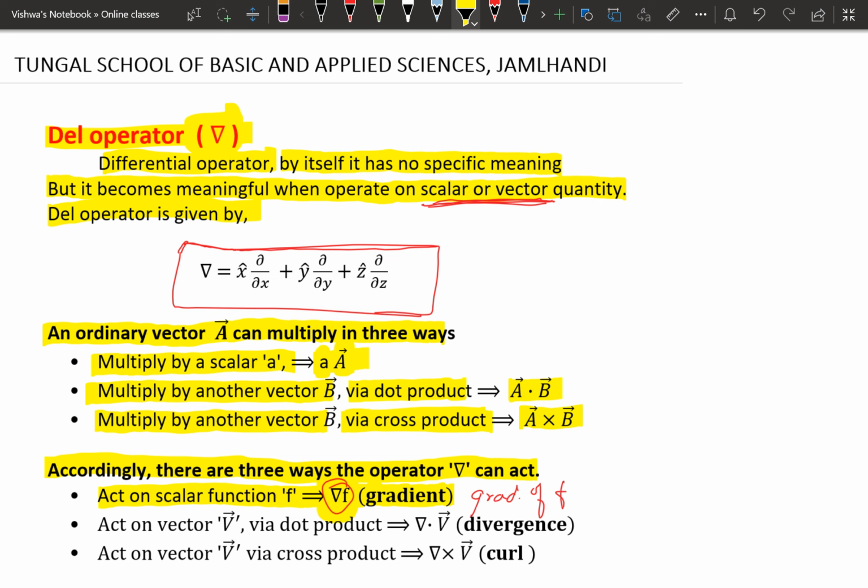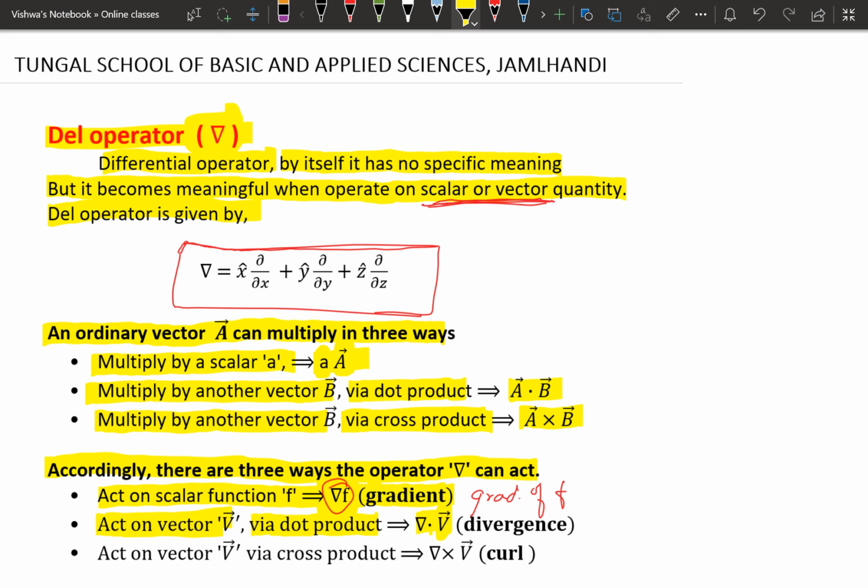Another way of operating del is on a vector quantity. Act on a vector via the dot product, that is del dot phi. Here del is the operator, this is a dot product, and this is a vector function phi, or we call it a vector field.